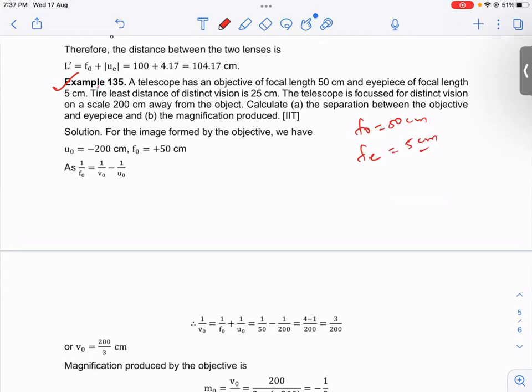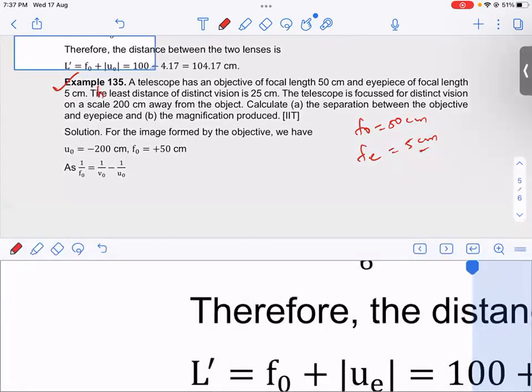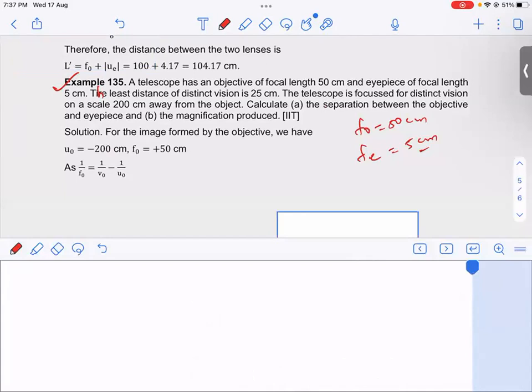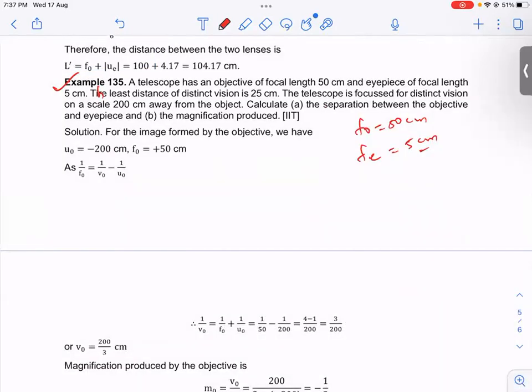The least distance of distinct vision is 25 centimeter. The telescope is focused for distinct vision on a scale 200 centimeter away from the objective. So U naught is equal to minus 200 centimeter because it is kept on the left hand side. Calculate the separation between the objective and the eyepiece.